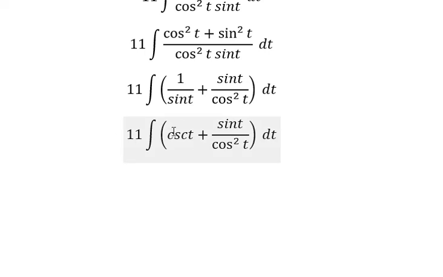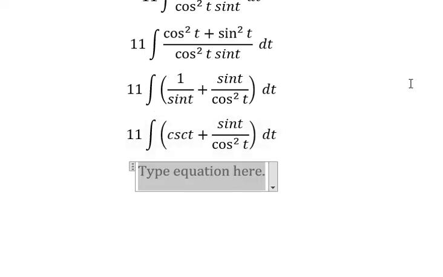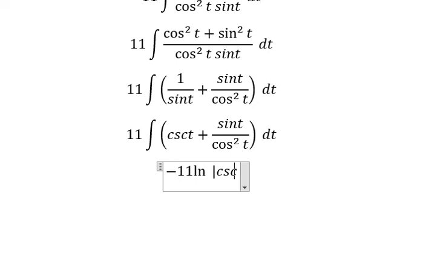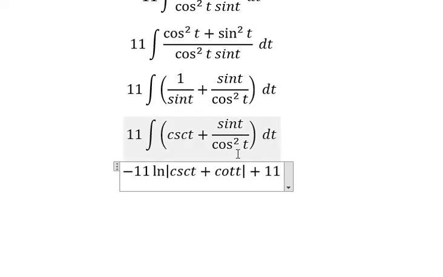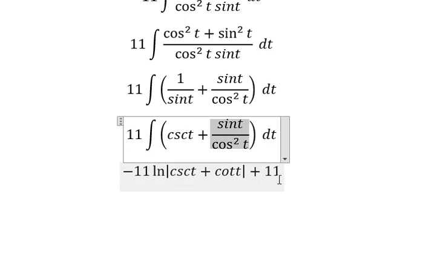The integration of cosecant t gives negative 11 ln of the absolute value of cosecant t plus cotan t. Then we concentrate on this integration.